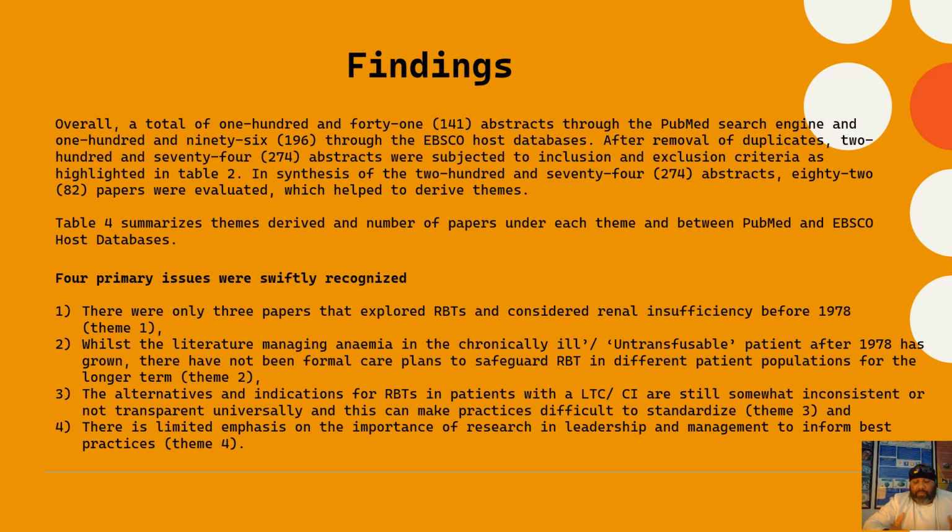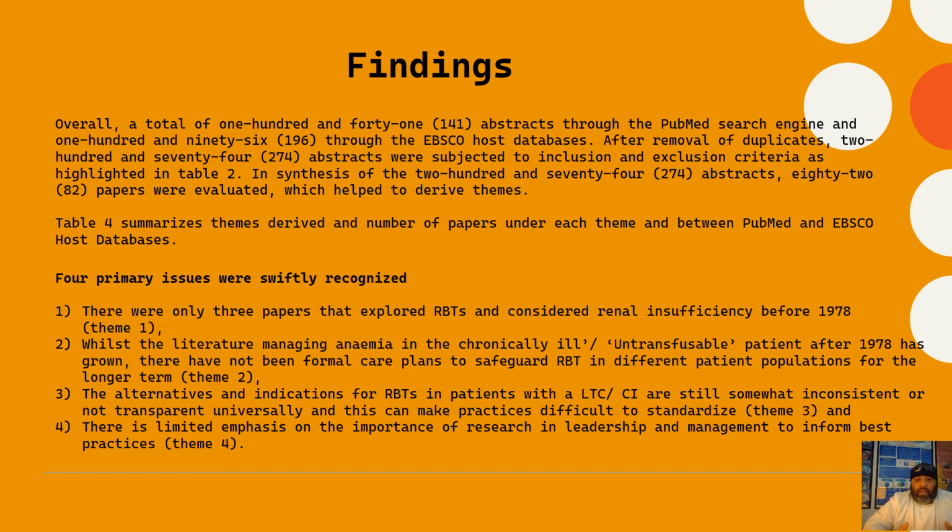Another table in this work, table 4, summarizes the number of papers according to the different themes, between using the PubMed database search engine and the EBSCO host database search engine.